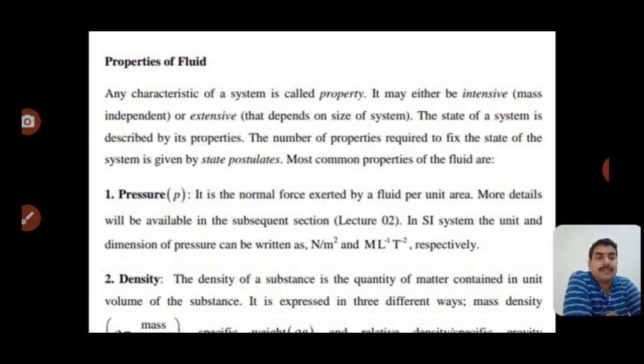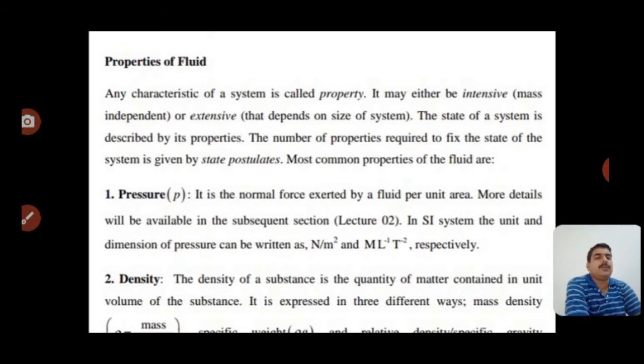The unit of force is Newton, though there are many units: kilogram-force, kilogram per centimeter square, dyne, Newton, kilonewton, etc. The unit of length is meter, so the dimension of area is L squared, and time to the power minus 2, and force is the rate of change of mass.